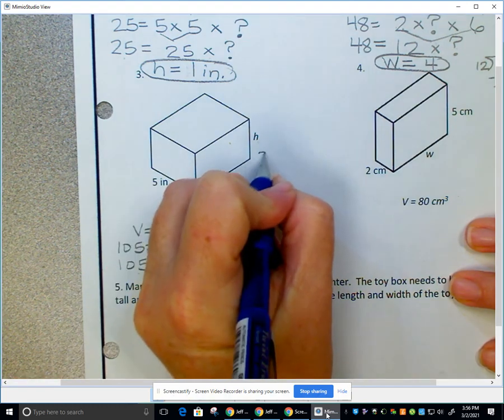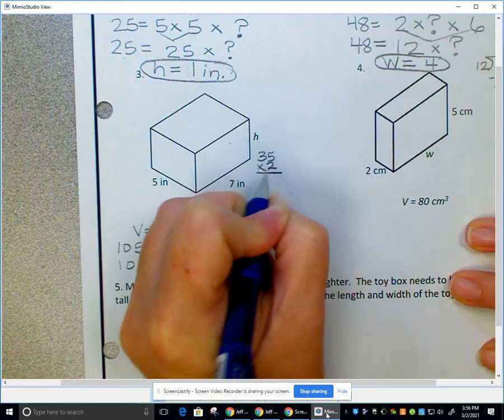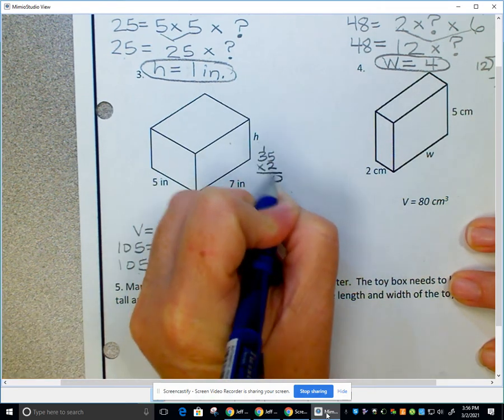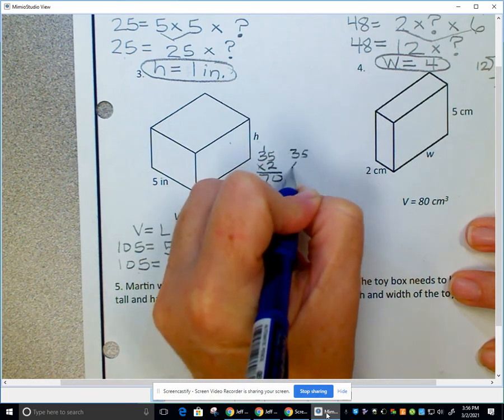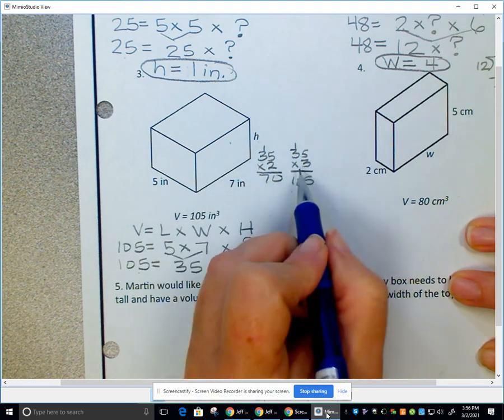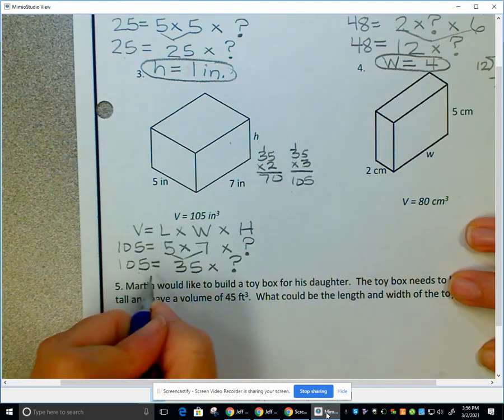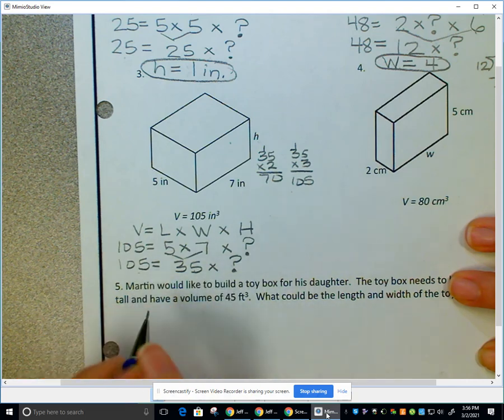So you could say, well, we know 35 times 1, what that is. Let's try 35 times 2. That's 70. So let me try 35 times 3. That's 105. There it is. So my missing dimension is 3. 35 times 3 equals 105.